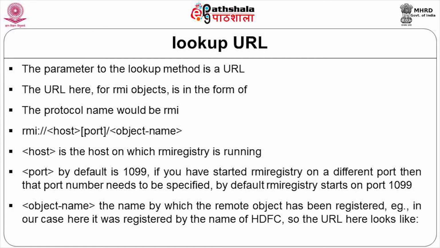For RMI objects, the URL is in the form of the protocol name RMI://host, the host where the server is, where the remote object is available. The host machine is the one whose RMI registry you are connecting to. It's the same machine as the machine where we have the host.